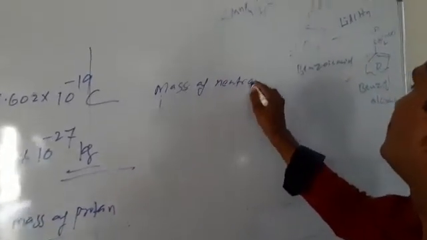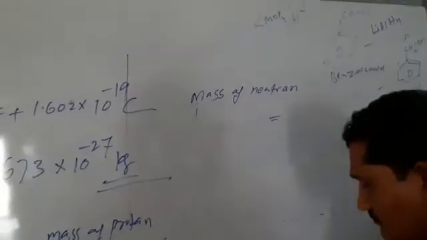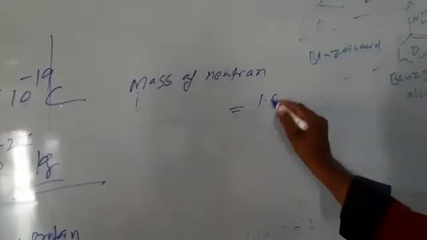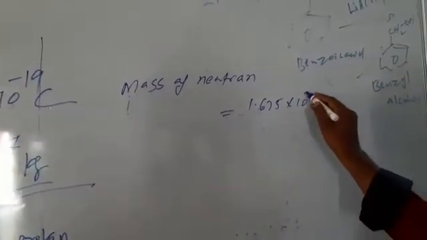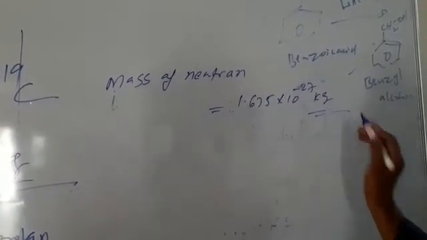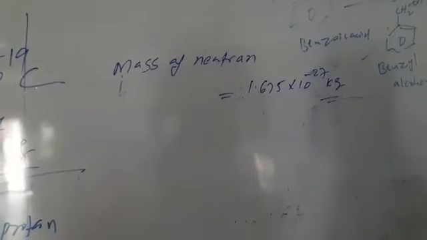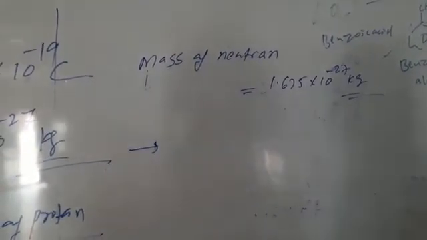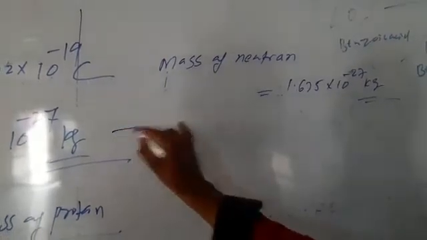The mass of a neutron is equal to 1.675 × 10^-27 kilograms. So these are about neutrons.